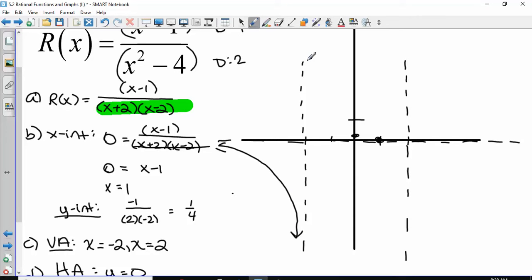The middle one started up high, came down, hit your intercepts. And the third piece was above. Any questions on that?